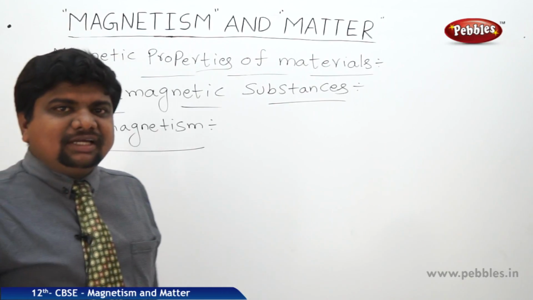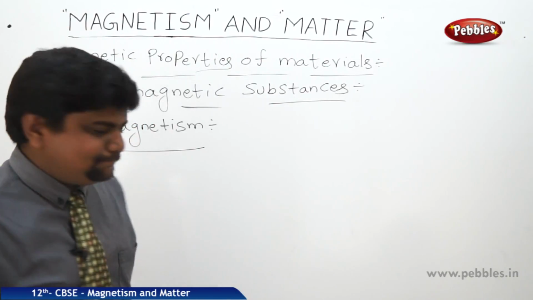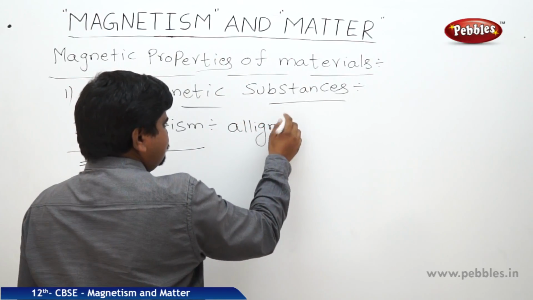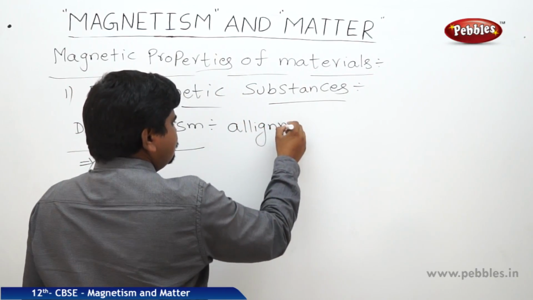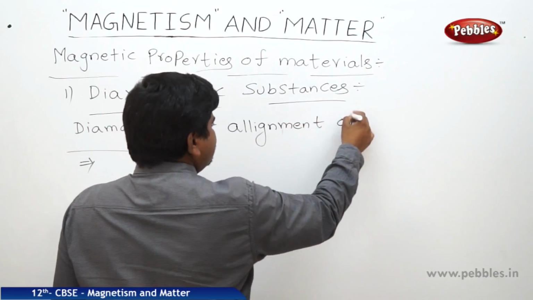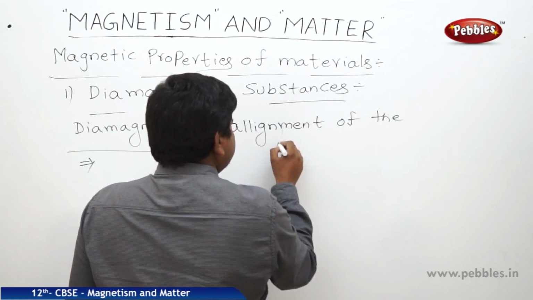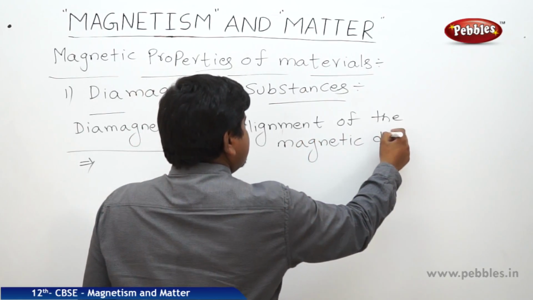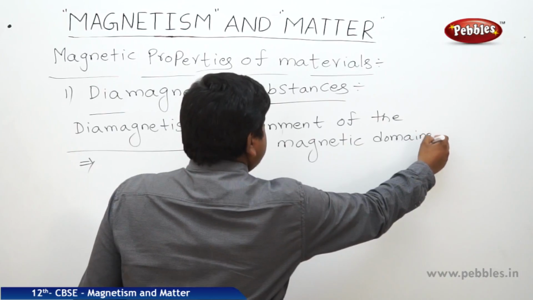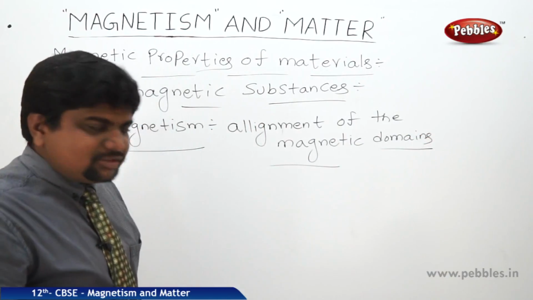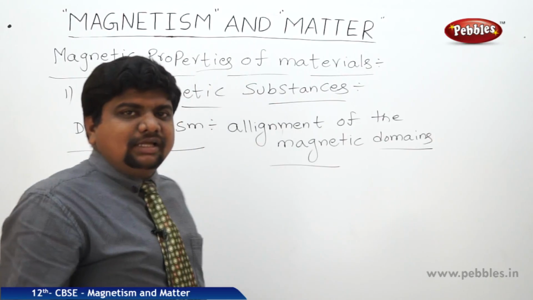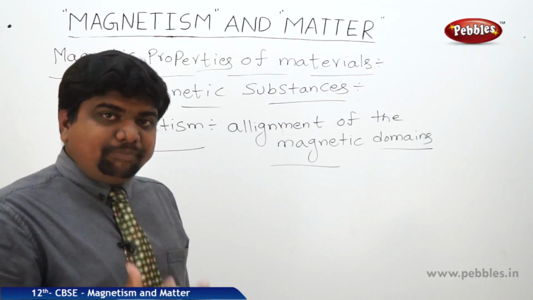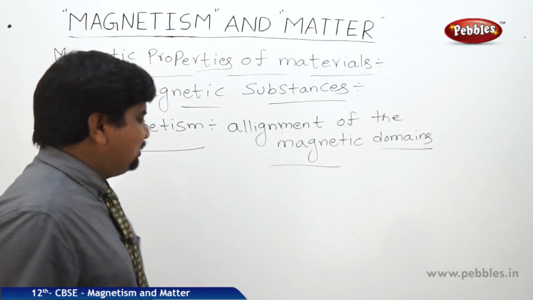The diamagnetic behavior is due to the alignment of the magnetic domains. The alignment of the magnetic domains means, in atomic structure we know that the electrons which are revolving around in the orbitals have orbital momentum and magnetic momentum also.